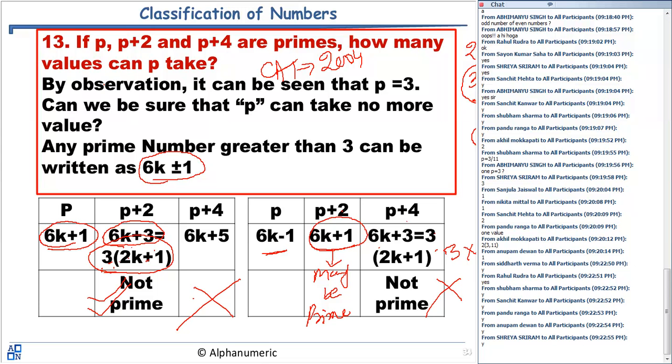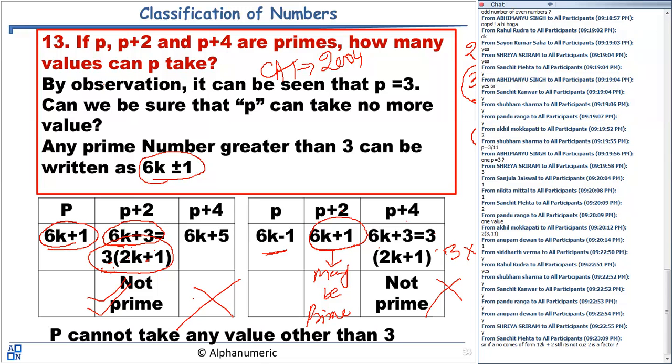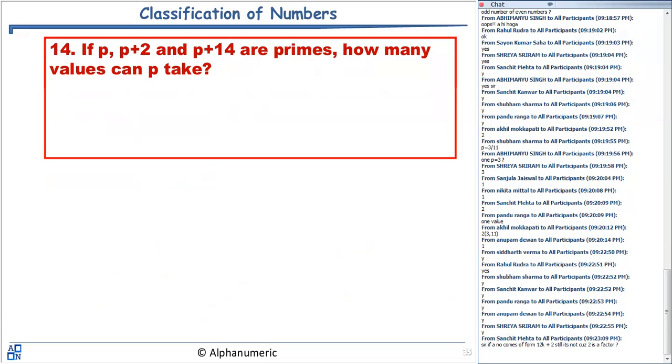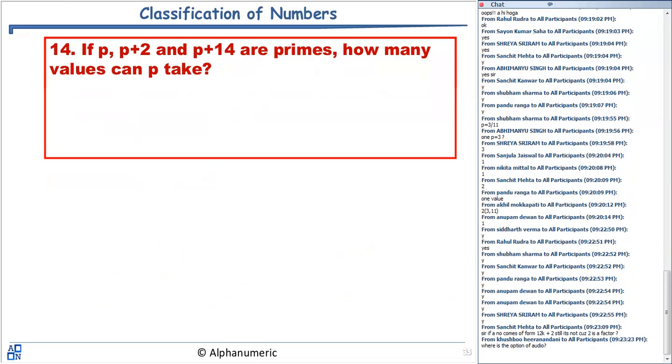In case you have doubt, you can ask me. Solve this question. Yes, Sanchit, that's right. Okay, guys, now solve question number 14, all of you. Try to solve question number 14.